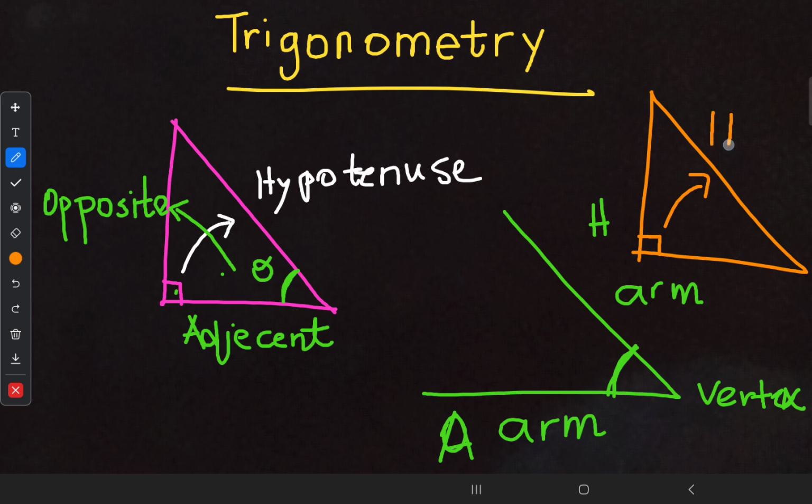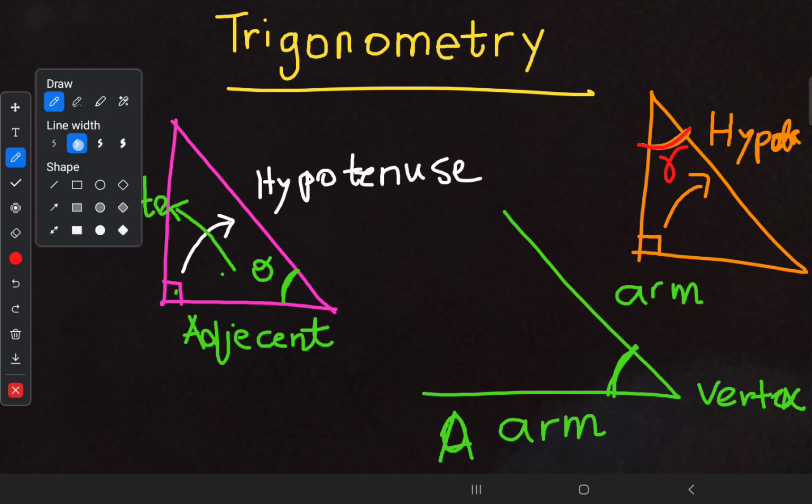When I consider this top acute angle as gamma, our adjacent and opposite sides might change. When you consider these two arms and the vertex, one is the hypotenuse, so the side which is nearby the angle is going to be our adjacent.